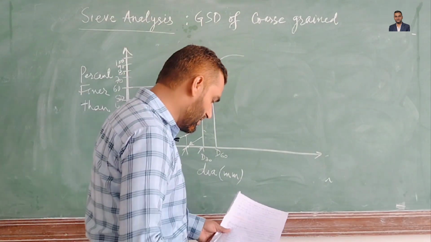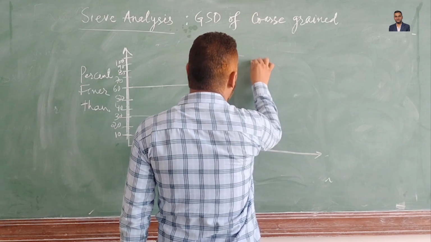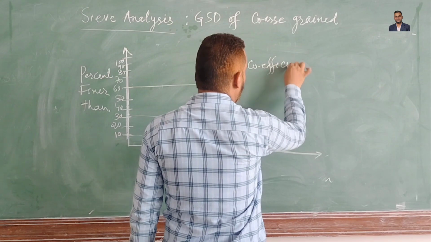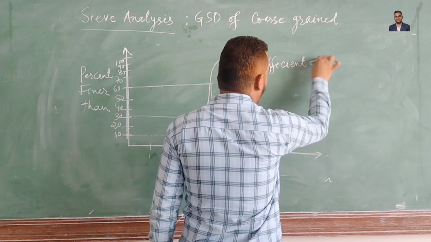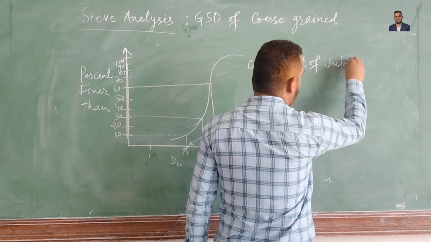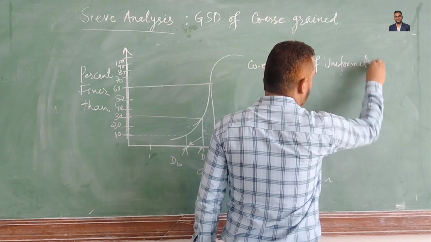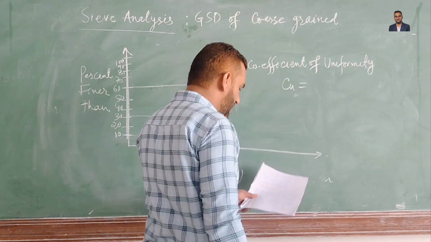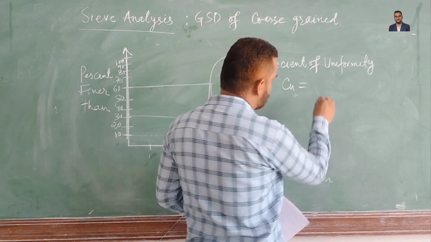Based on the value of D10, D30 and D60, we have some coefficients like coefficient of uniformity. The coefficient of uniformity Cu is a shape parameter and is defined as Cu is equal to D60 by D10.